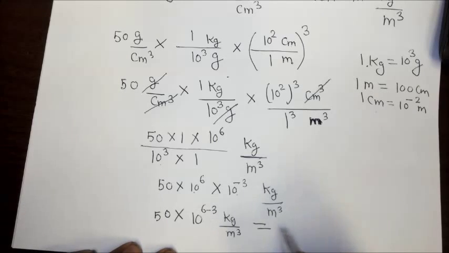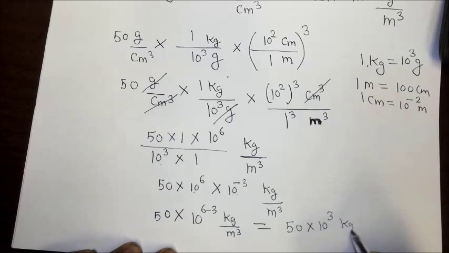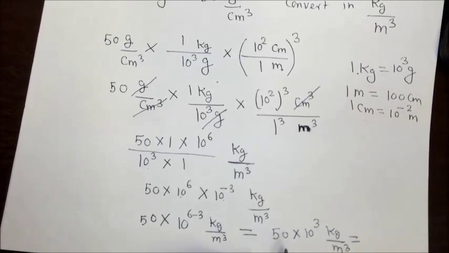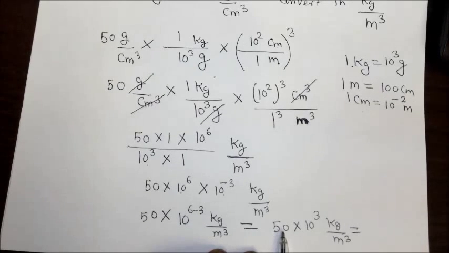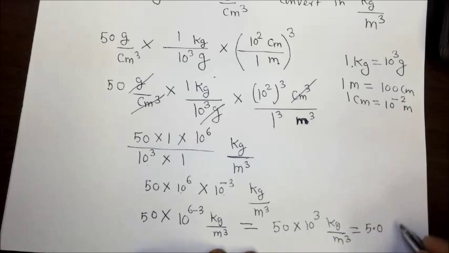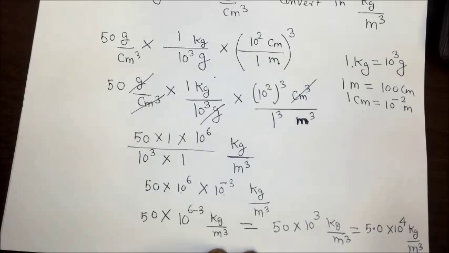And this becomes 50 times 10 to the power 3 kilogram per meter cube. This also one can write: this 50 is like 5.0 times 10. So I can write this as 5.0 times 10 times 10 to the power 3. So 10 comes from here, it makes it 10 to the power 4 kilogram per meter cube.